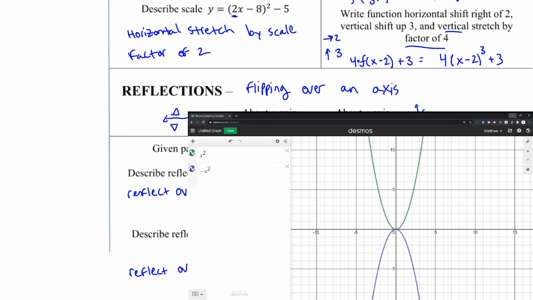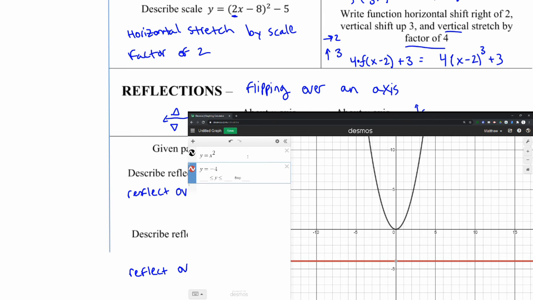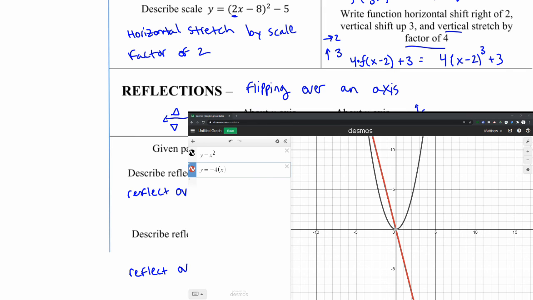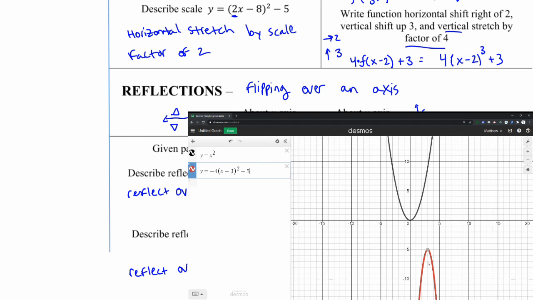Let's take a look at these graphs. So let's see in the first one. Okay, we're going to graph y equals x squared just so we can keep an eye on the parent function. Now let's look. Negative 4, we have x minus 3, okay, squared. See how it's flipping? And we got some stretching going on. Minus 5, and we're shifting down.